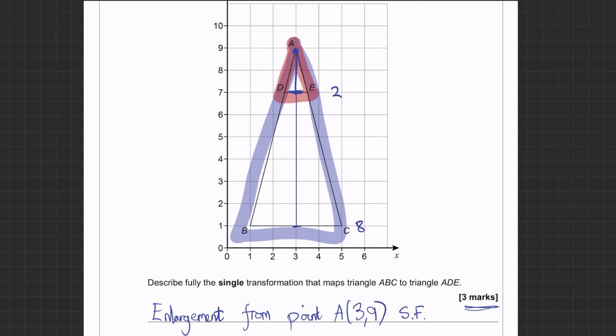From here, it's 8. So our scale factor is 2 over 8, because it's smaller, because it's now 2 and it was 8. But we can simplify this to 1 over 4. So our scale factor is 1 over 4, or if you prefer, 0.25. So you'll get a mark for enlargement, a mark for the point, and a mark for the scale factor.